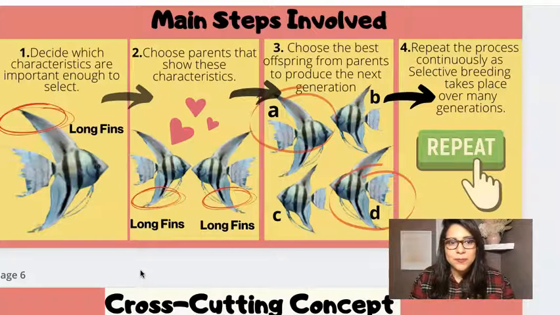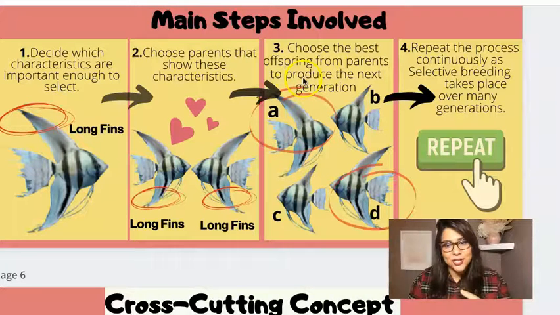Step 2, you choose parents that have that characteristic or trait and you breed them. Step 3, choose the best offspring from parents to produce the next generation.